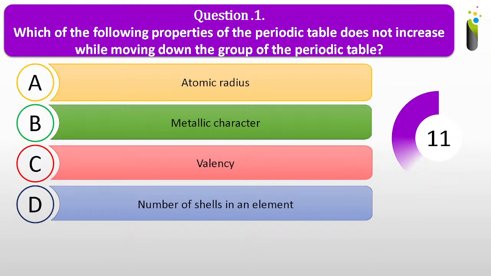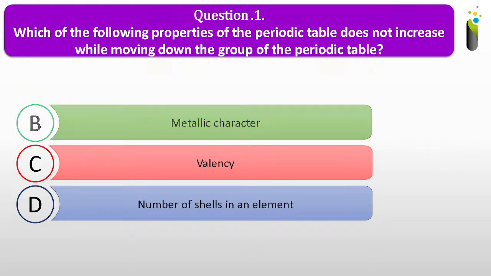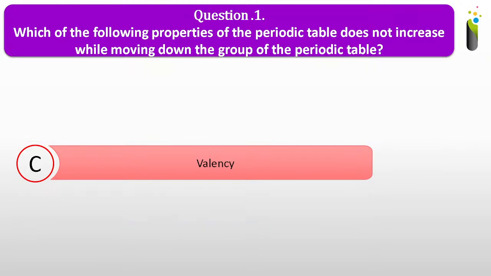Tell me, answer this question number 1. Which of the following properties of the periodic table does not increase while moving down the group?